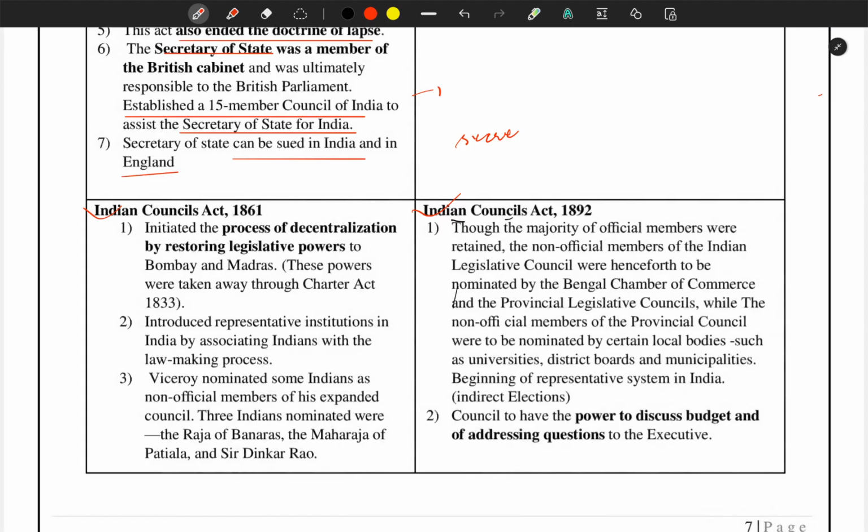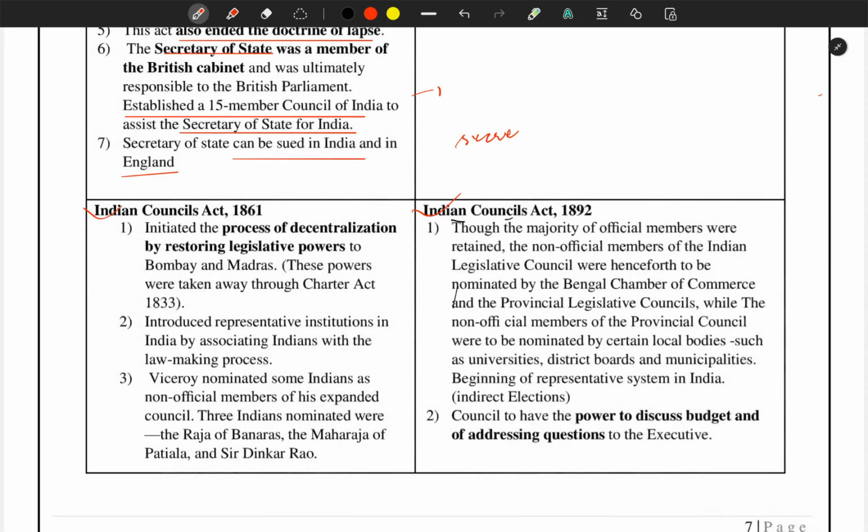Centralization of power, as we have discussed earlier, started from the Regulating Act of 1773 onward, and it was at its peak.